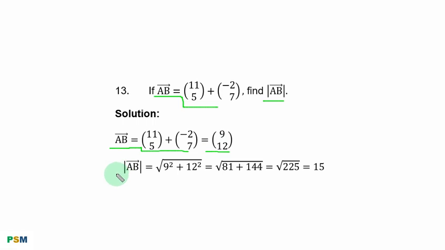Therefore, the magnitude of vector AB is equal to square root of 9 squared plus 12 squared, and that is equal to square root of 81 plus 144. You have square root of 225, equal to 15.